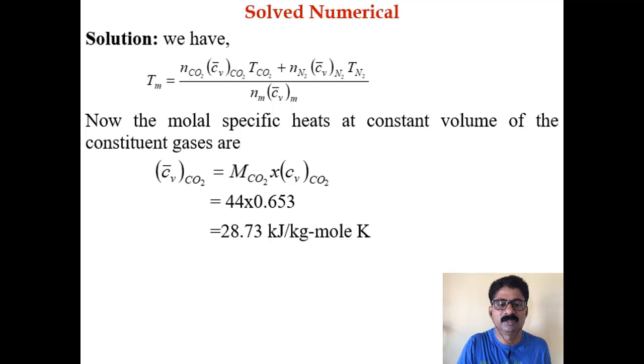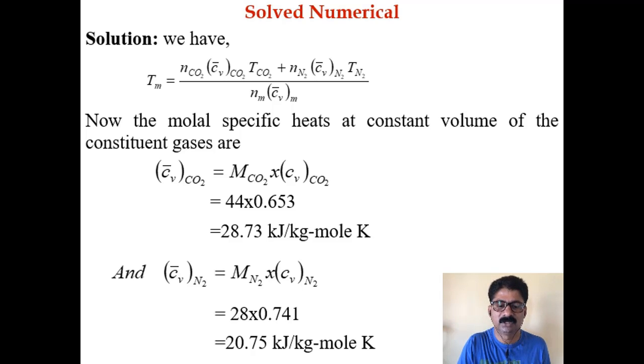That can be obtained as 28.73 kilojoules per kg mole Kelvin for CO2, and Cv bar N2 can also be found out by a similar formula, MN2 CvN2, and it is found to be 20.75 kilojoules per kg mole Kelvin. So this is how you would find out the molar specific heats at constant volume for the given gases.